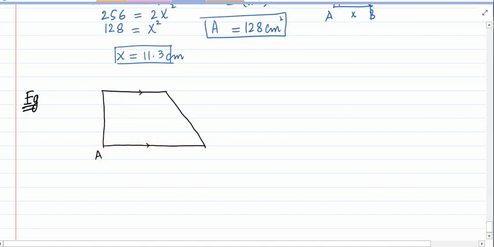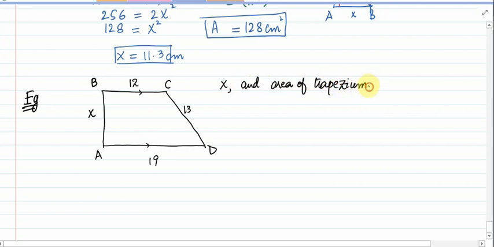We know that A, B, C, D. The length of BC is 12, AB is X, AD is 19 and CD is 13. We need to find the value of X first, right? And then we need to find the area of the trapezium.